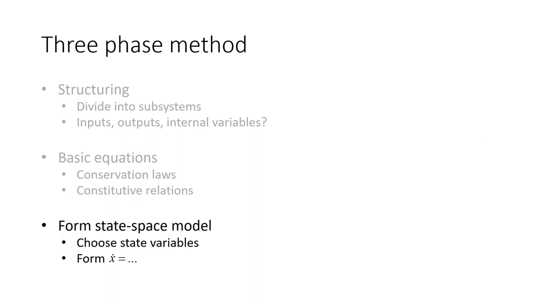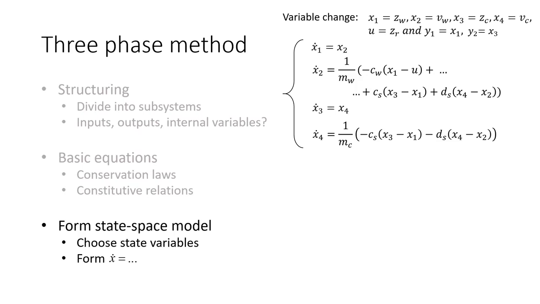We can, if we like, do a variable change, where x is the state variables, u is the input signal, the road surface, and y is the output signal. In this case, we have two outputs, the wheel position and the chassis position. With this name change, the model can be rewritten as this.